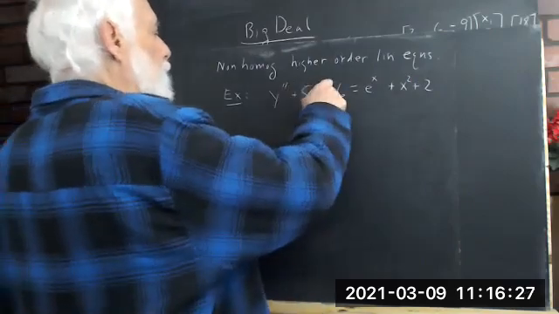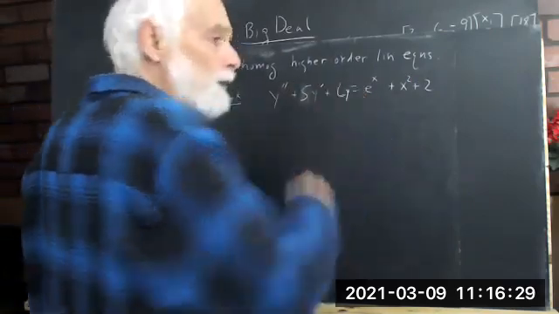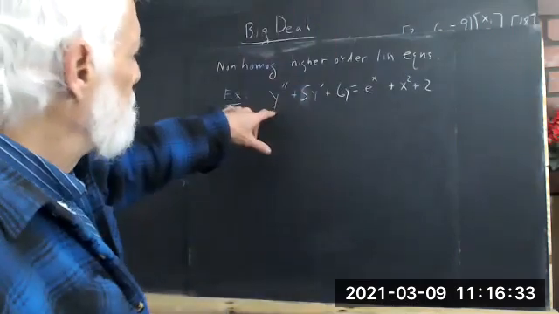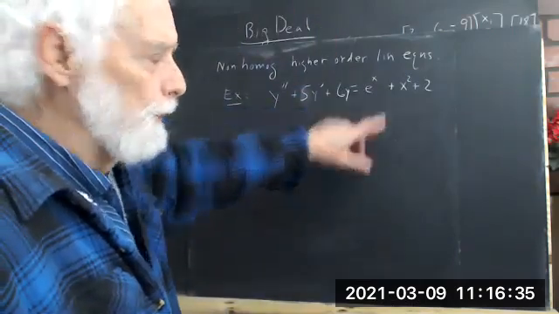And this is y double prime, this is y prime, and this is y. So see what I'm talking about? Okay, so we got this equation.